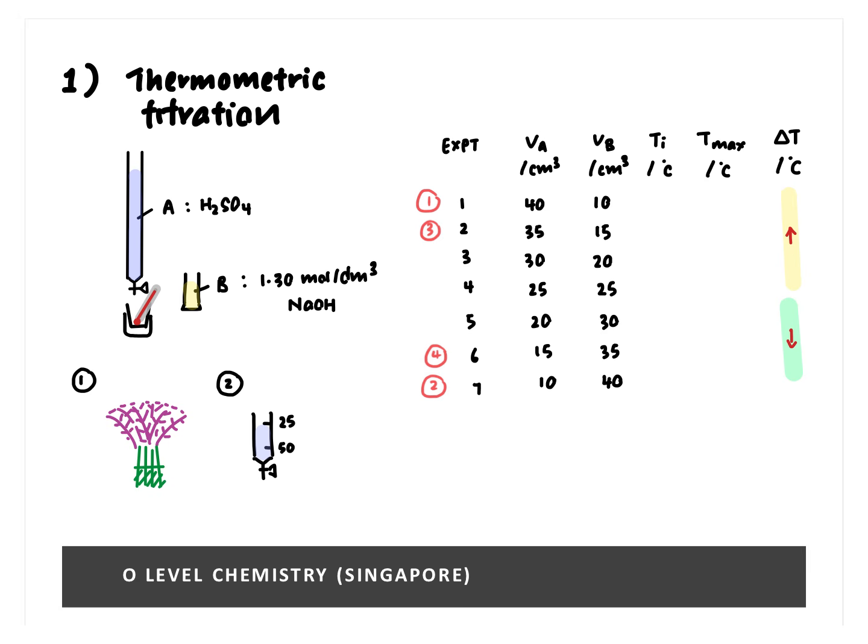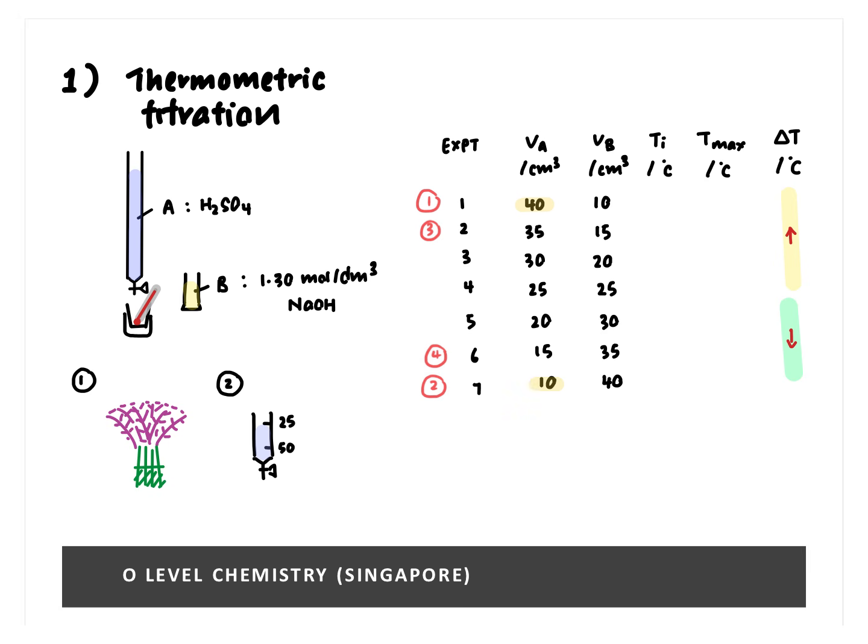Now, why is that so? Assuming that you fill up a burette completely, you would have 50 centimeter cube of solution. So after experiment 1, you would have used up 40 and you have 10 left. So instead of filling up again, you could have used the 10 remaining for experiment 7.